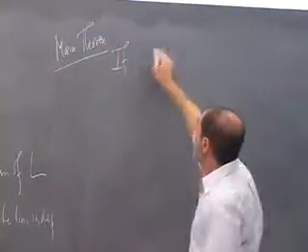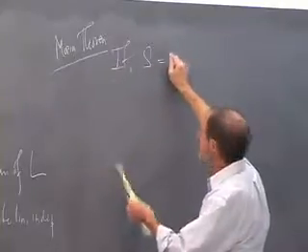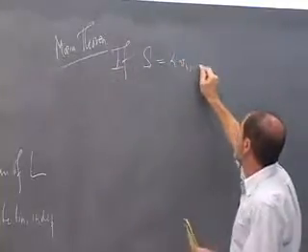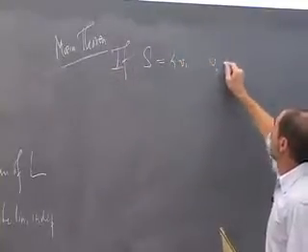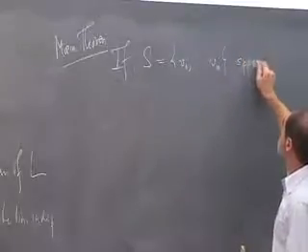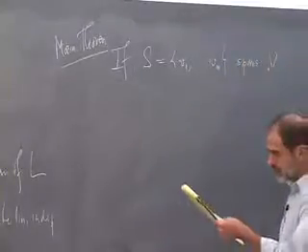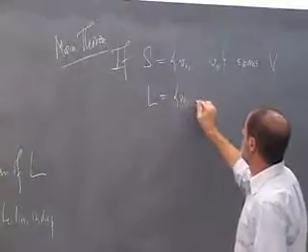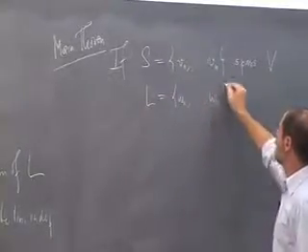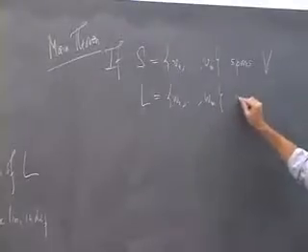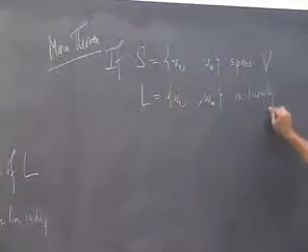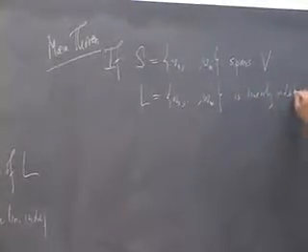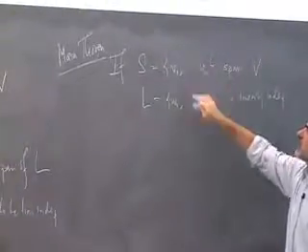If S, which is v1 through vn, spans V, and L, which is w1 through wm, is linearly independent, then you can't say anything about these vectors and those vectors.